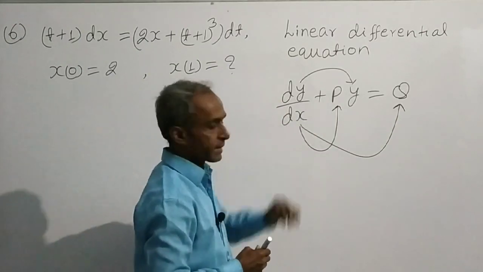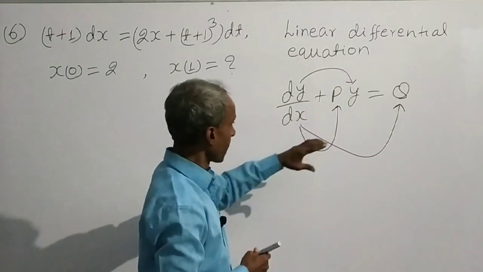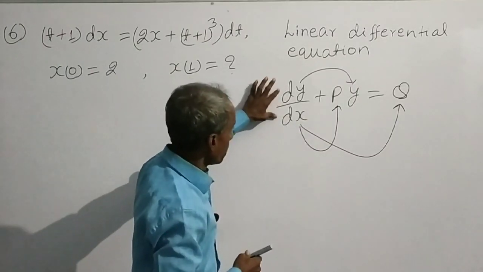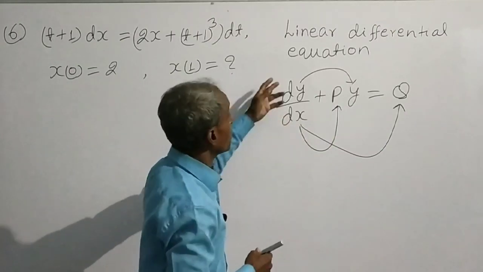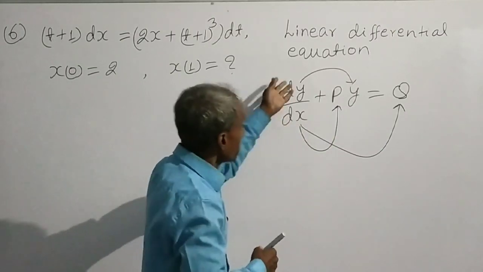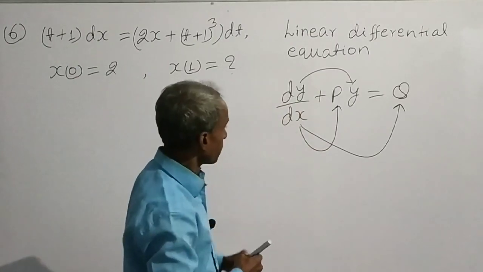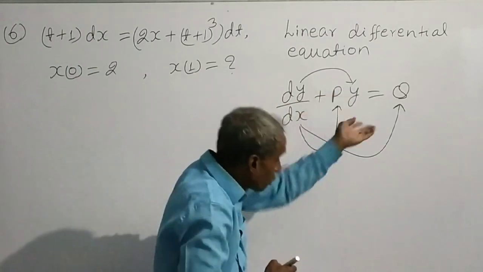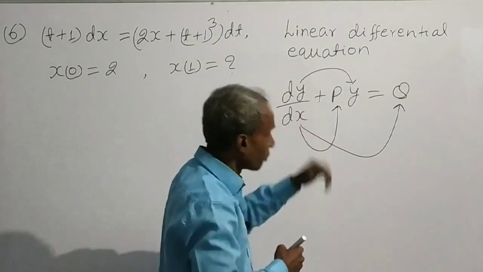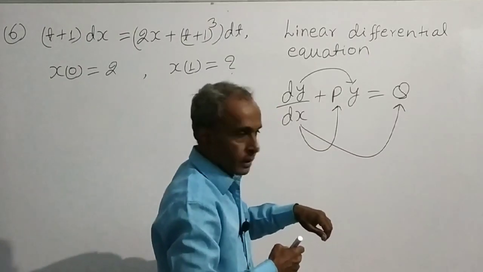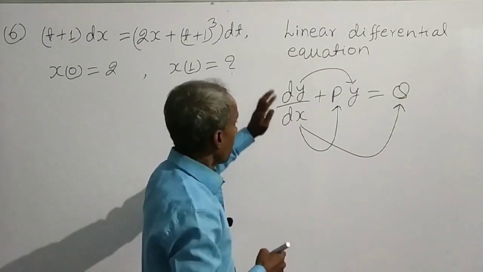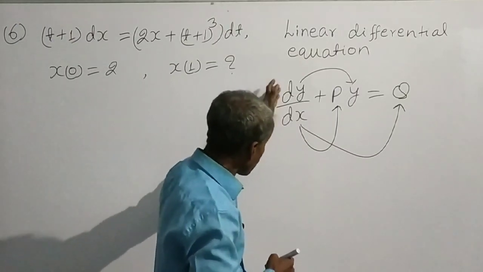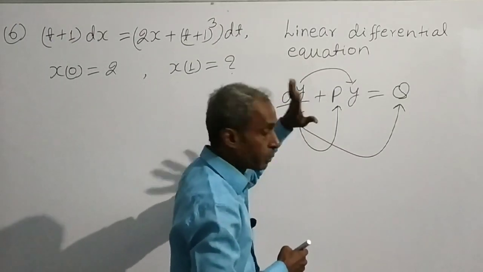Here should be a plus sign, and here should be a first order derivative dy by dx, like du by dv, dp by dq, not d2y by dx2, because d2y by dx2 is a second order derivative. The power on this first order derivative should be 1.